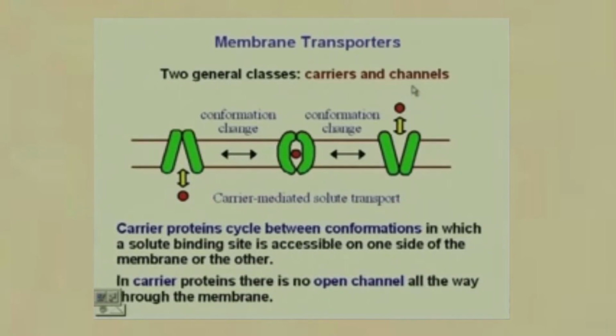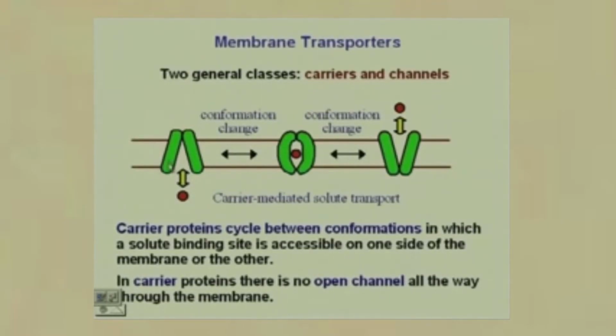Now in carrier mediated solute transport, because of the lipid bilayer, it is unlikely that a specific solute will be allowed to go from one side of the membrane to the other, solely because of the hydrophobic lipid tails that are present here.